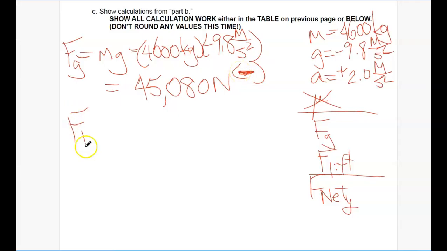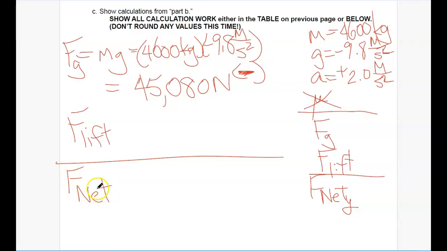The other force is our lift force. Well, we don't have any direct information to calculate lift force, but we do have something very important. We have information to calculate our net force. And you might say, wait, there was no mention of the net force. No, there wasn't. But there was mention of two things in the statement of the problem: a mass and an acceleration. And this is Newton's second law. It's what we used to calculate acceleration earlier.